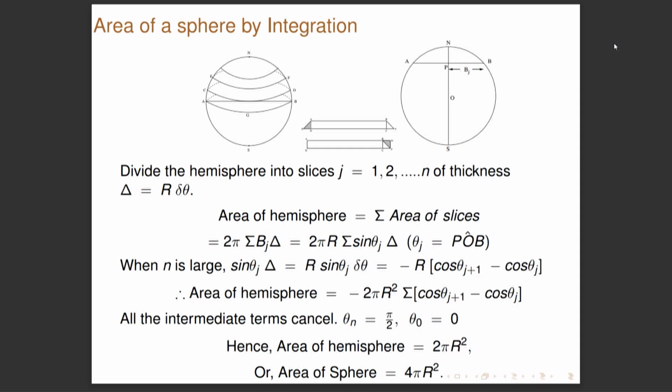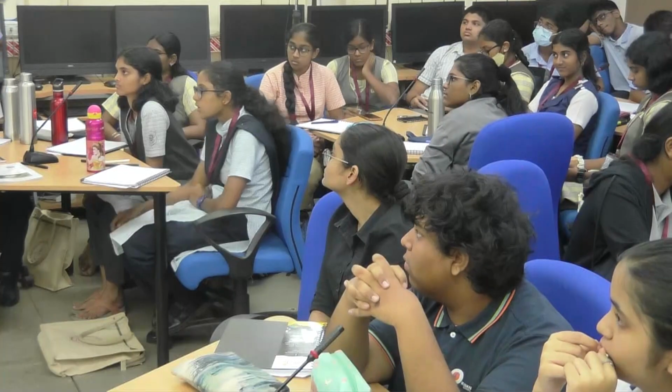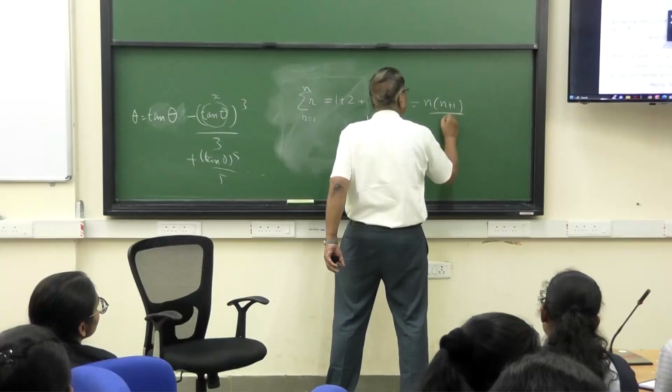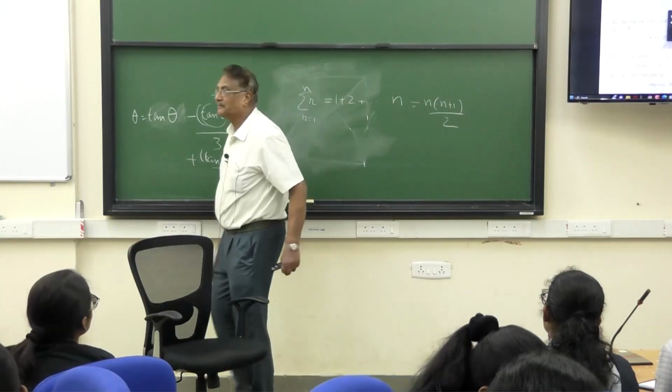So you can write it as sigma r, r equal to 1 to n, right? So this is n into n plus 1 by 2. This is called the first sum.